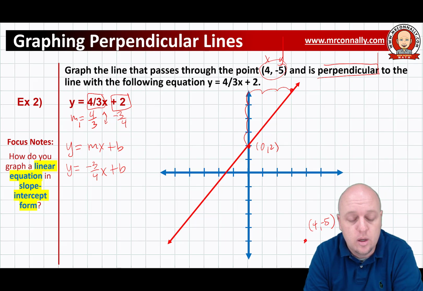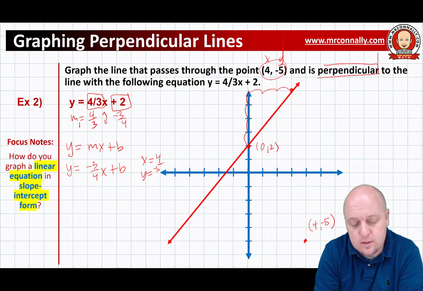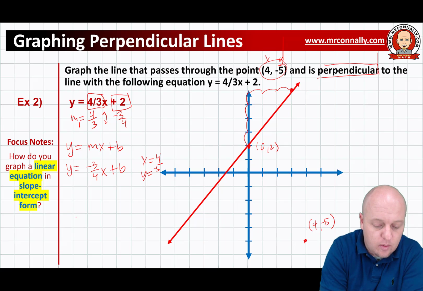That's something we know. So we could actually substitute x equals 4 and y equals -5. So let's do that. We'll take out y and we'll put -5 equals -3/4 times 4 plus b.